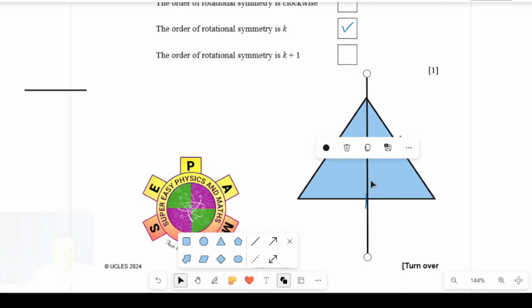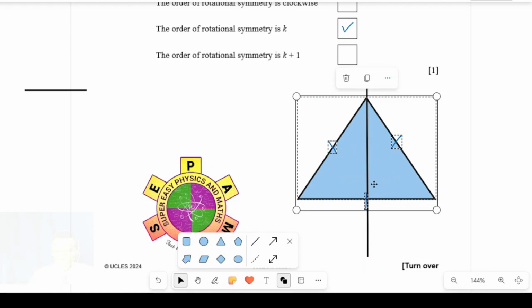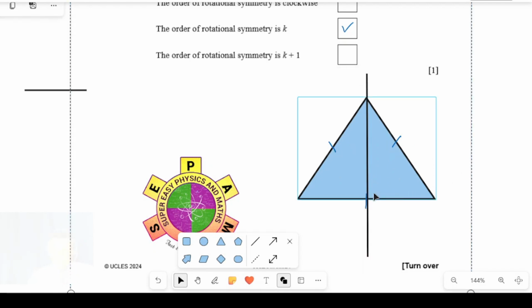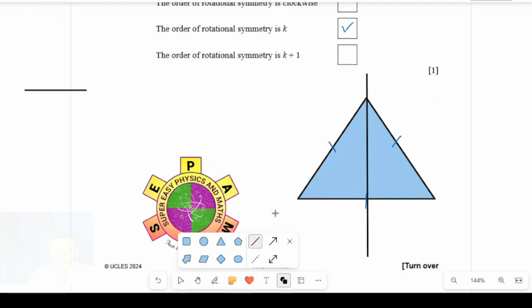So we have that one line. Then we can have another line here.